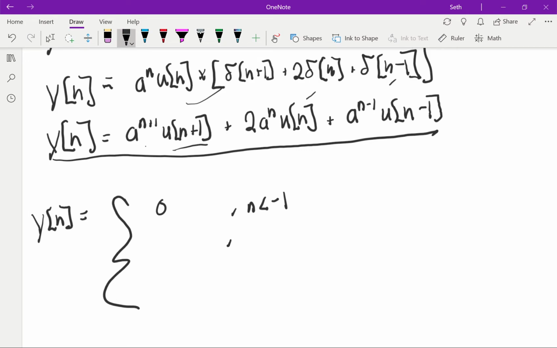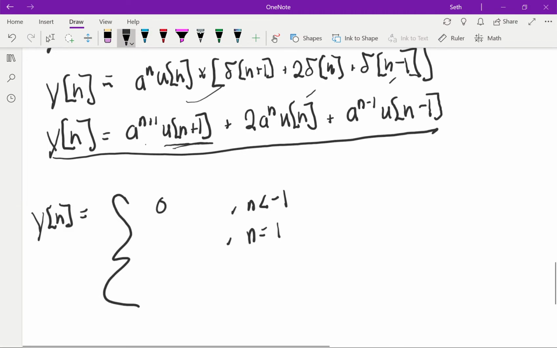Okay. So at n equals -1, we know this first shifted unit step is going to become active. u of n will still be 0. u of n minus 1 will still be 0. So our function is equal to a to the n plus 1.